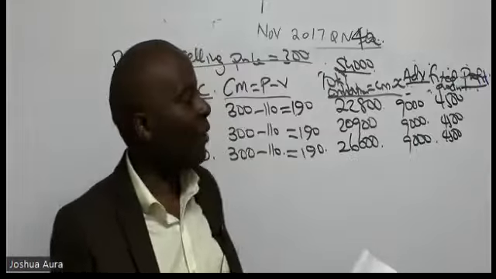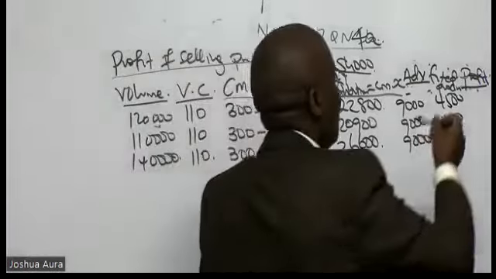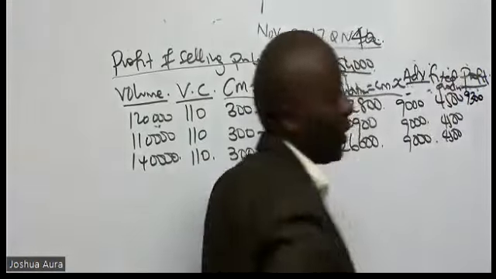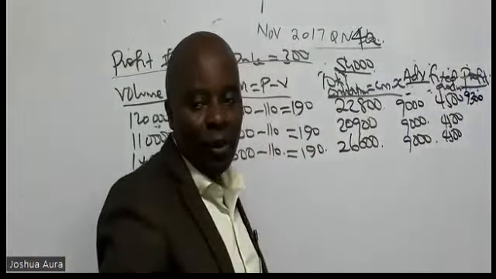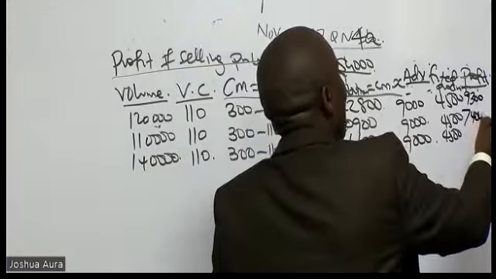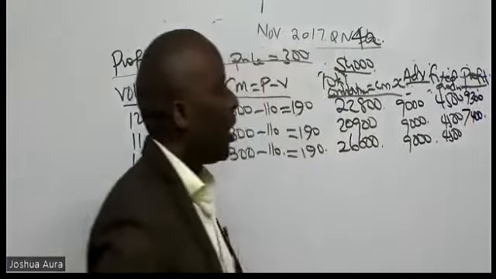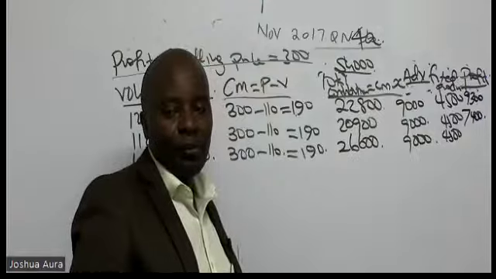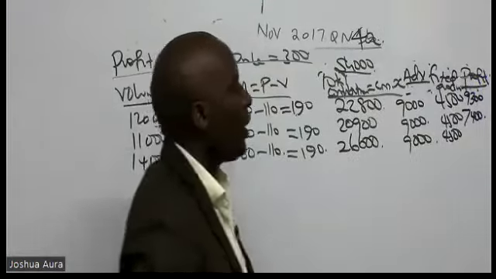Sharon gives me the first figure, 9,300. Thank you very much, Sharon. How about the second figure? It is 7,400. How about the third figure? 13,300.